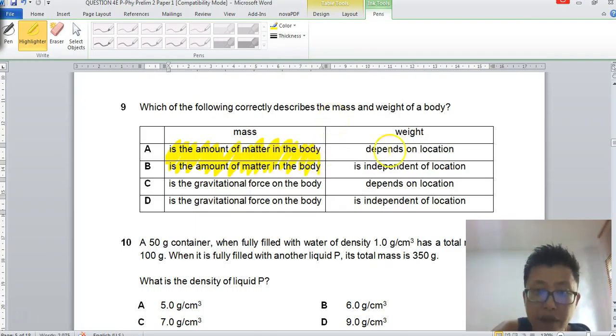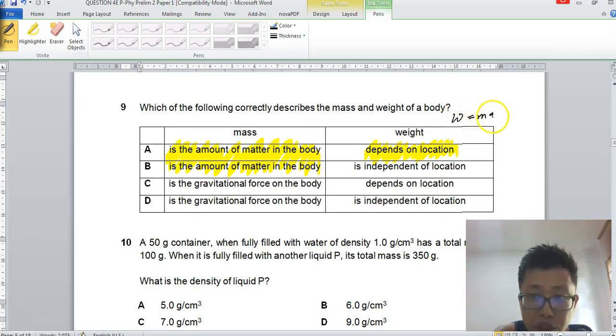For the weight, definitely it depends on location, because the weight is given by the formula W equals mg, and this g actually depends on, of course, the planet. Sometimes if the height difference is drastic, it will also depend on the height.